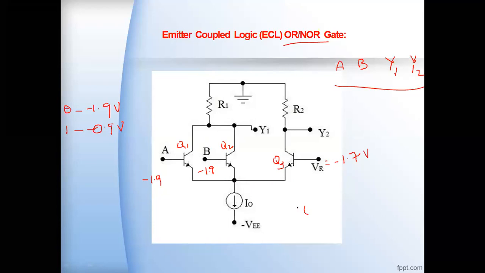The total current IE is now splitting between the three transistors, IE1, IE2 and IE3 here, right? Because of the input voltages, the transistor Q3 conducts more. So therefore, the maximum current now flows in the transistor Q3.